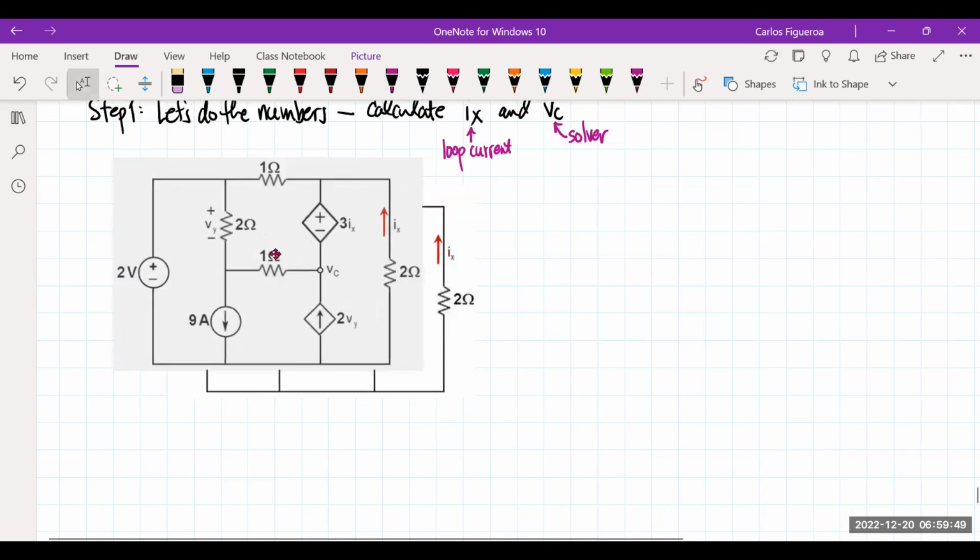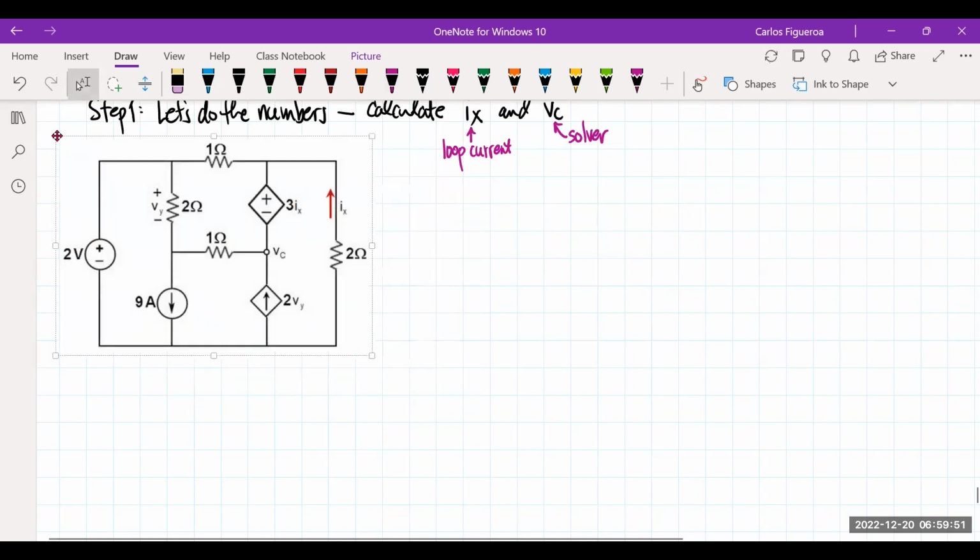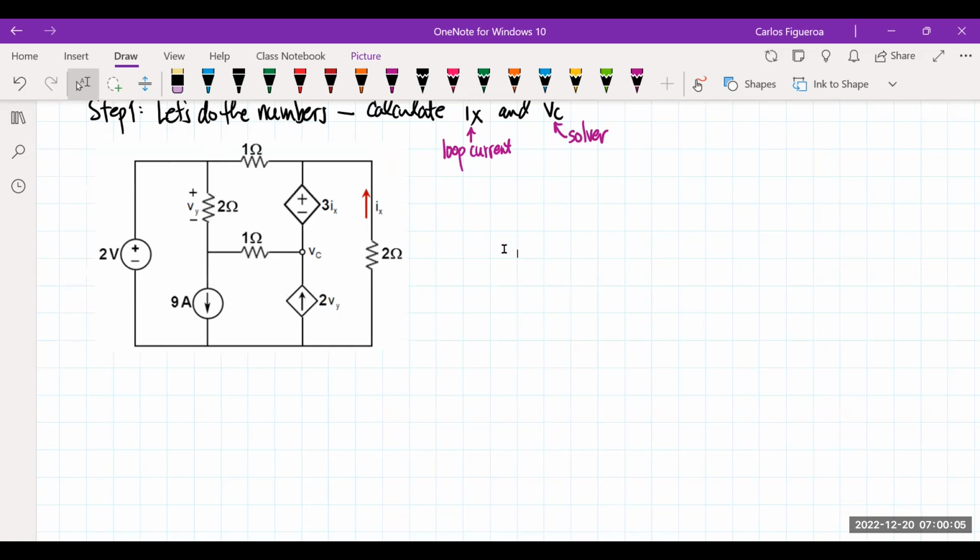So here we go. My mouse is kind of acting funky here. So I'm going to pick my loop direction. As I pick my loop direction, I see that I have two current sources, and they're connecting three loops together.